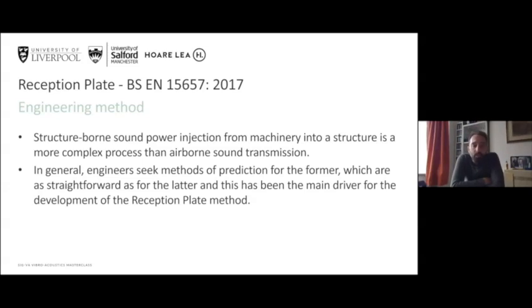But because people got so used to methods of measuring airborne sound power, they want something equally simple to be able to characterize a structure-borne sound source. So that's what it says in the second bullet point. In general, engineers seek methods for the prediction of structure-borne sound which are as straightforward as for airborne sound. And this has been the main driver for the development of the reception plate method, to provide simple methods that work well.